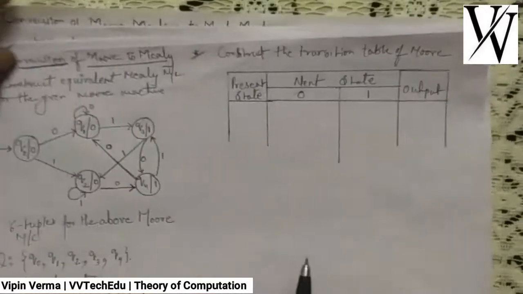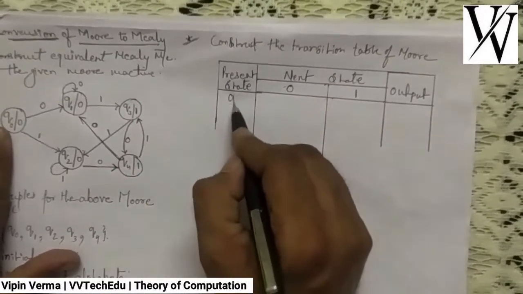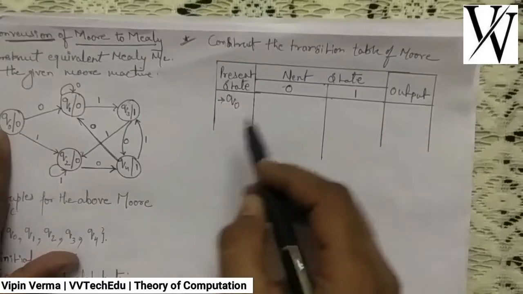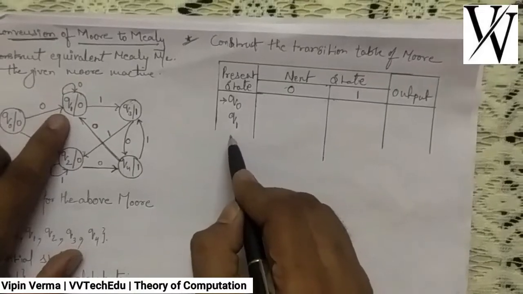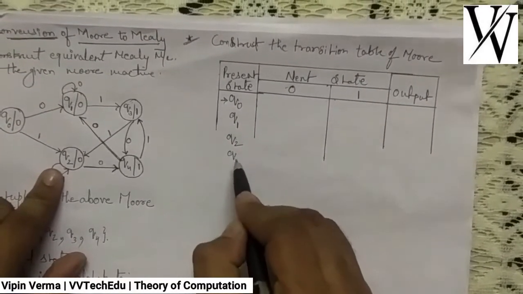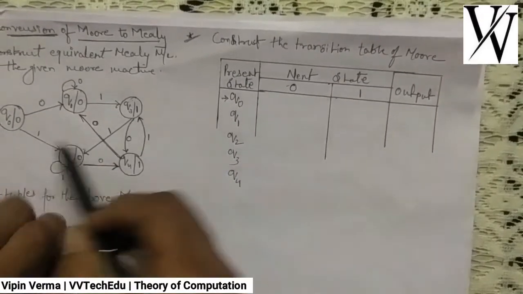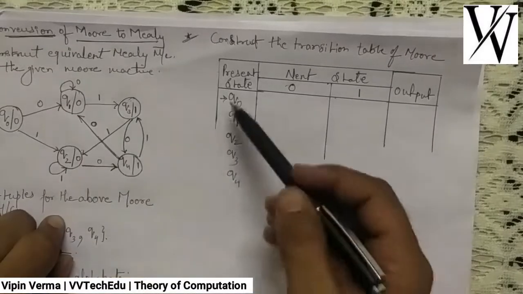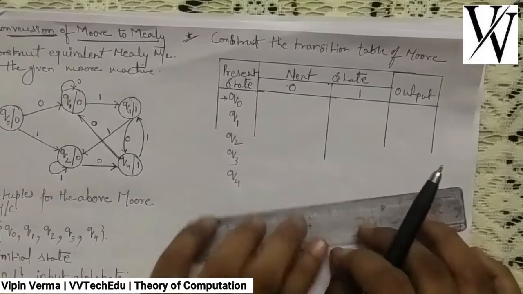Now how many states do we have in this machine? We can see Q0 state, Q1 state, Q2, Q3 and Q4. So we have these 5 states. Now I'm completing this table.